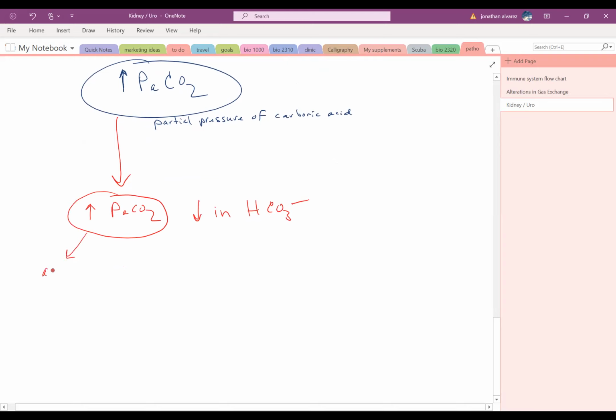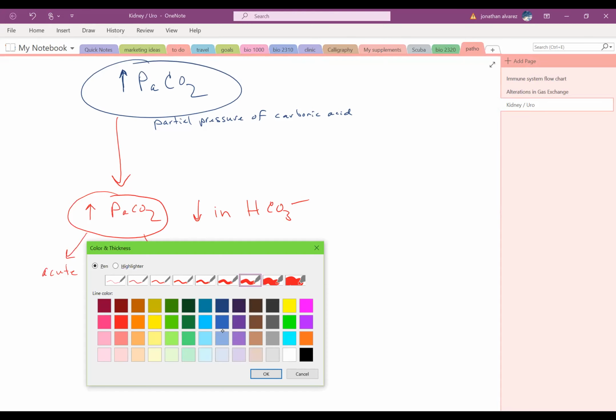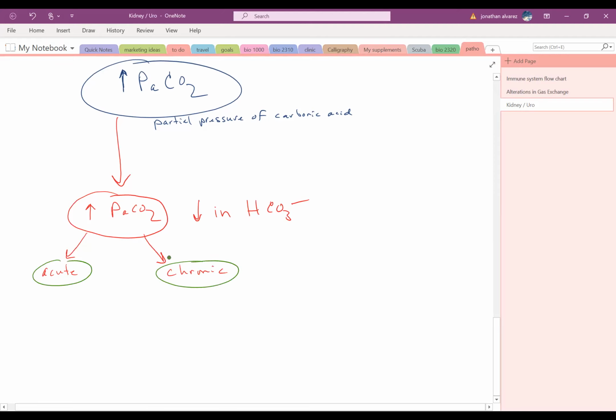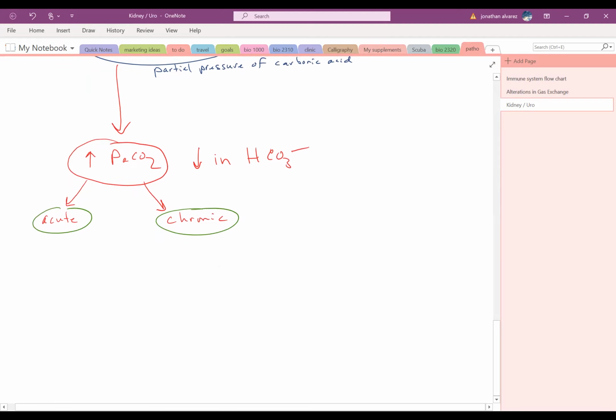You have acute and chronic. Acute is abrupt, so it's right now. Abrupt respiratory failure.